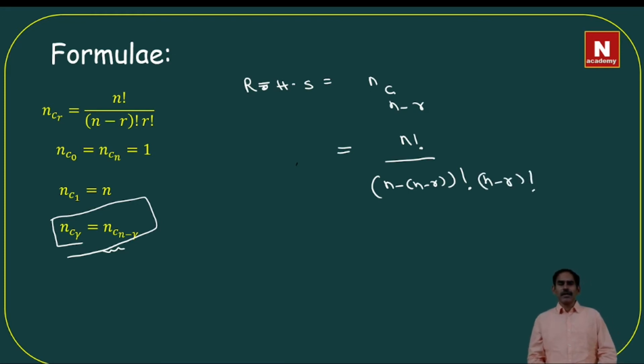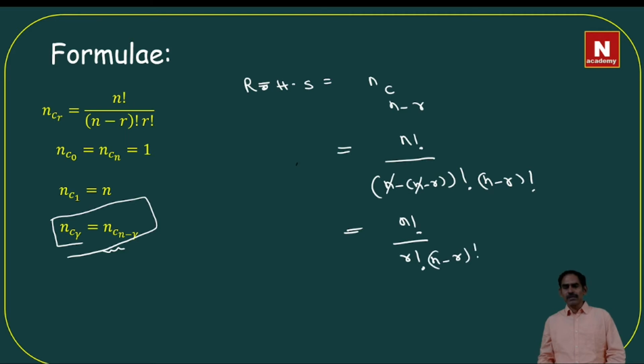Minus minus plus, so that is n factorial by r factorial into n minus r factorial. Clearly n factorial by n minus r factorial into r factorial can be written as nCr.